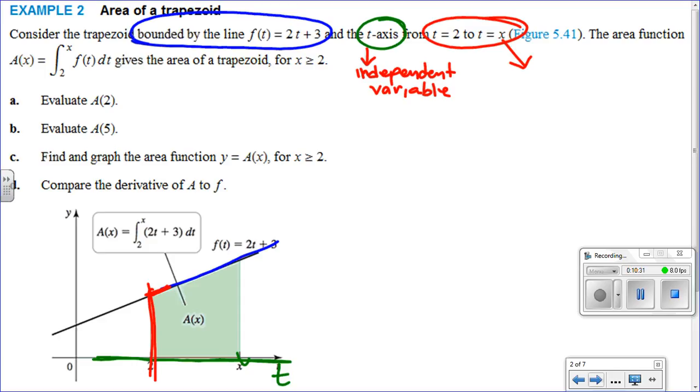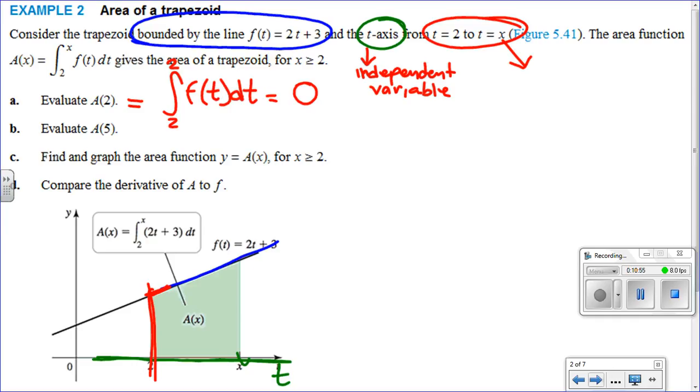So now if we want to evaluate this one, we take the integral and we will go from 2 to 2 for that particular function. So what would that be? 2. Very good.